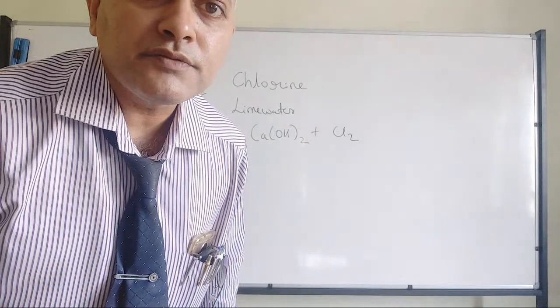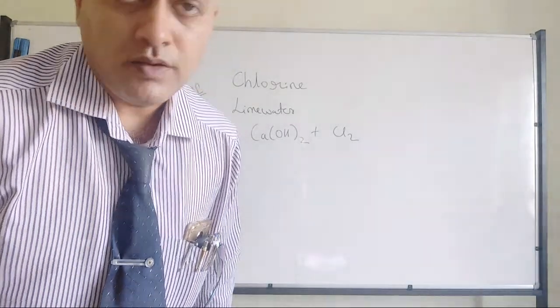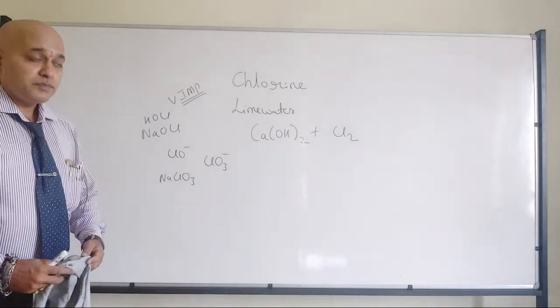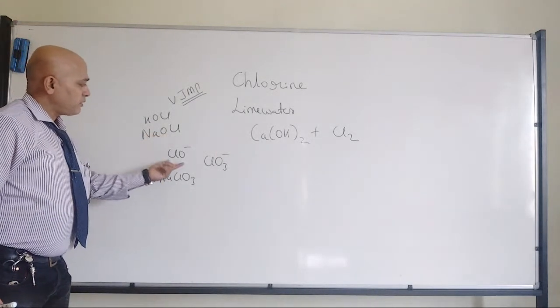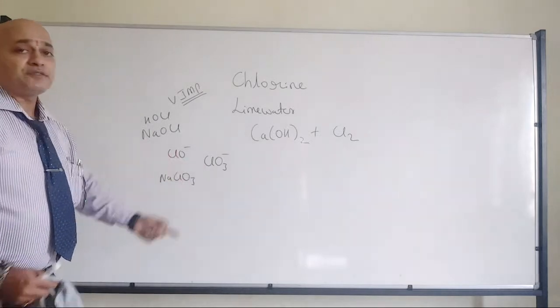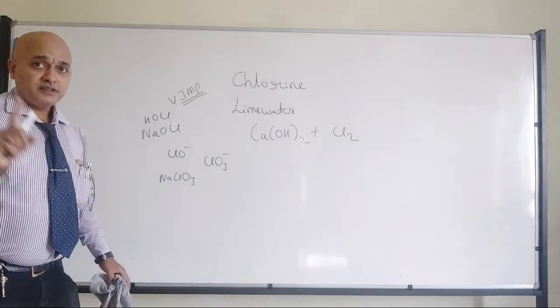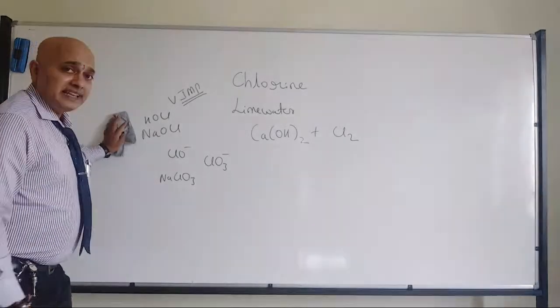Okay, confirmatory test for chlorine radical. Okay, fine, but we have different other efficient reactions. But when it comes to difference between hypochlorite and chlorate, these are the differences. But both will be having one single negative charge.